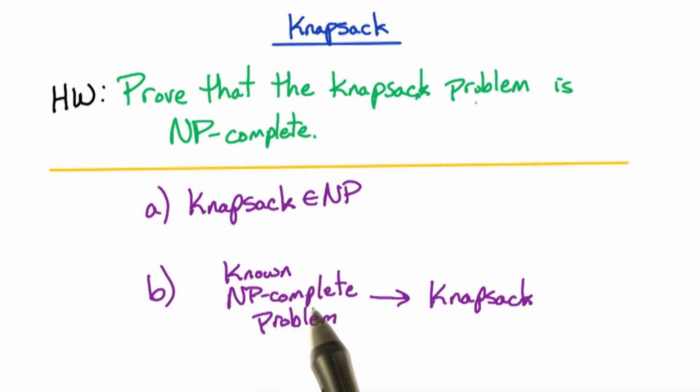So you have to transform inputs from this known NP-complete problem to inputs to this new problem. That's a common mistake that students make. Even though they write the direction this way, they actually do the reduction in the other direction. They take inputs for this problem and transform them to inputs to this problem. You have to make sure you're doing it in the correct direction. So you take inputs to the known NP-complete problem and transform them to inputs to this new problem.